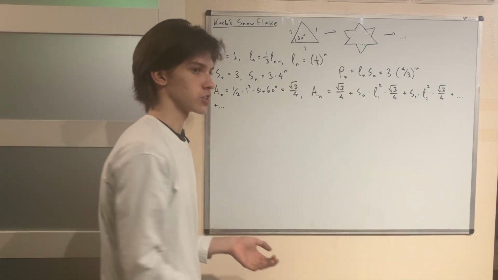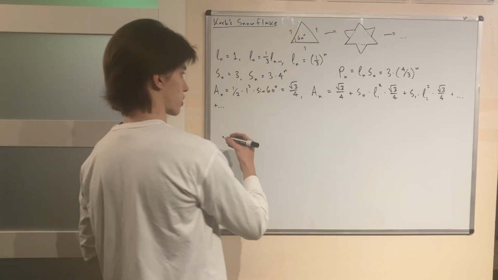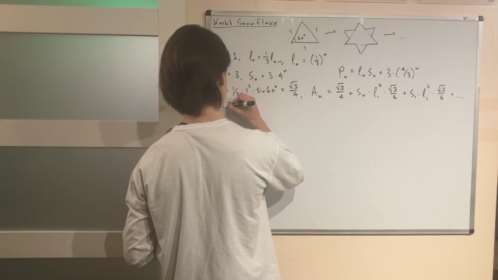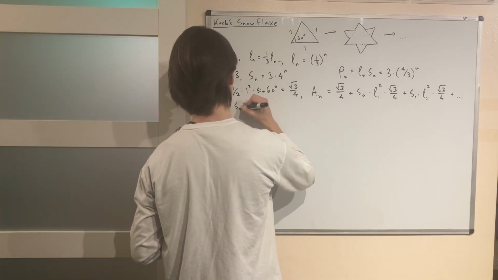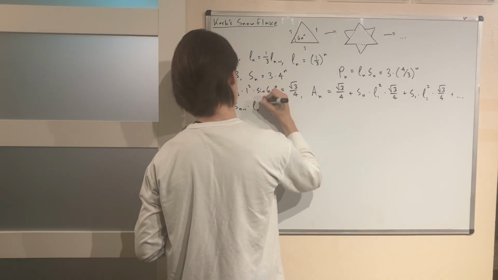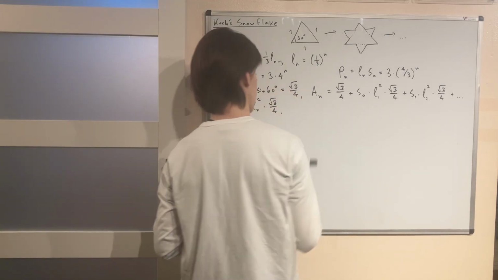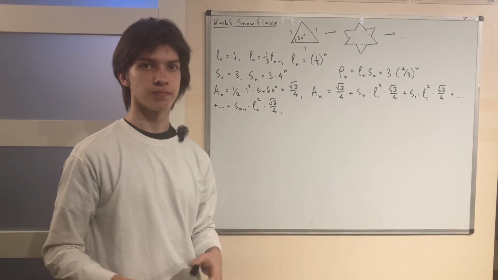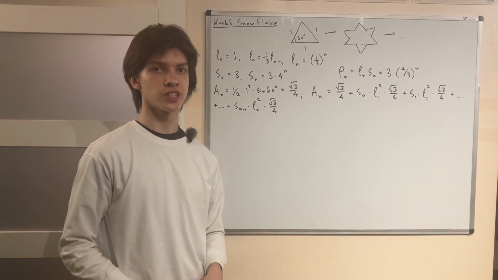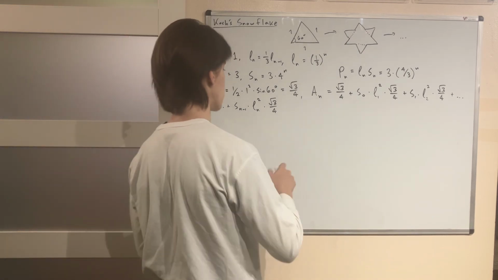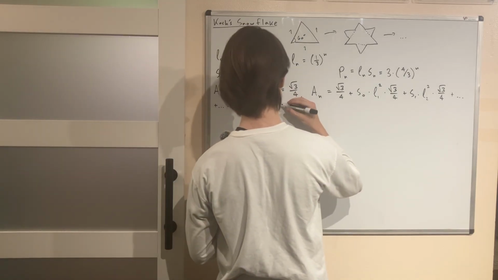So the number of sides is just about the previous. So we're going to keep adding until it's going to be S of n minus 1 times L of n squared times root 3 over 4. This is going to be A of n. We can write A of n more concisely by first factoring out the coefficient root 3 over 4.